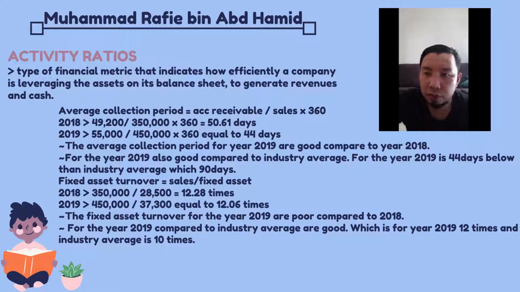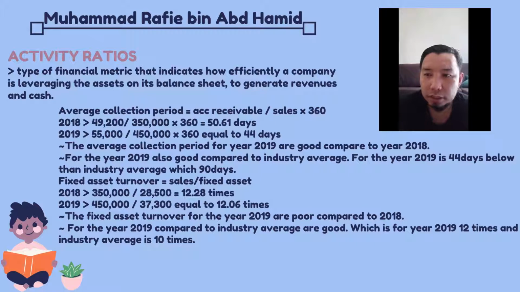So, the average collection period for year 2019 is good compared to year 2018. For the year 2019 also good compared to industry average. Year 2019 is 44 days, below the industry average, which is 90 days.